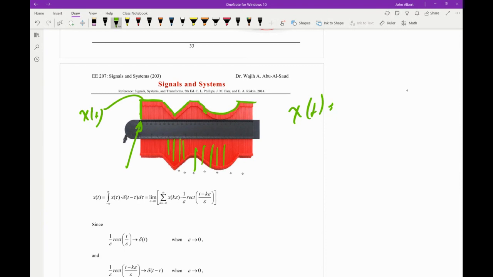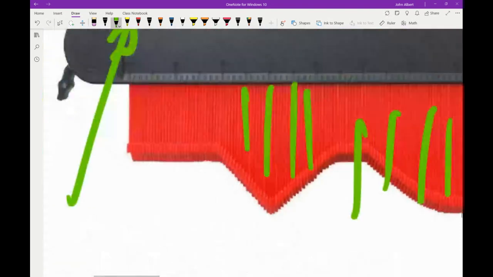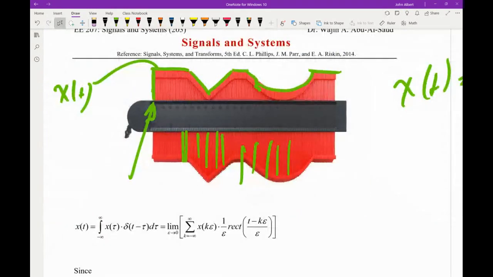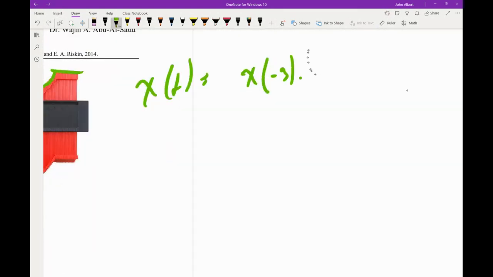So each one of those, you can think of as a rectangle. If you zoom in, it looks like a small rectangle like that. So I will say that this x of t is basically equal to x at minus 3 multiplied by a rectangle that happens at minus 3.